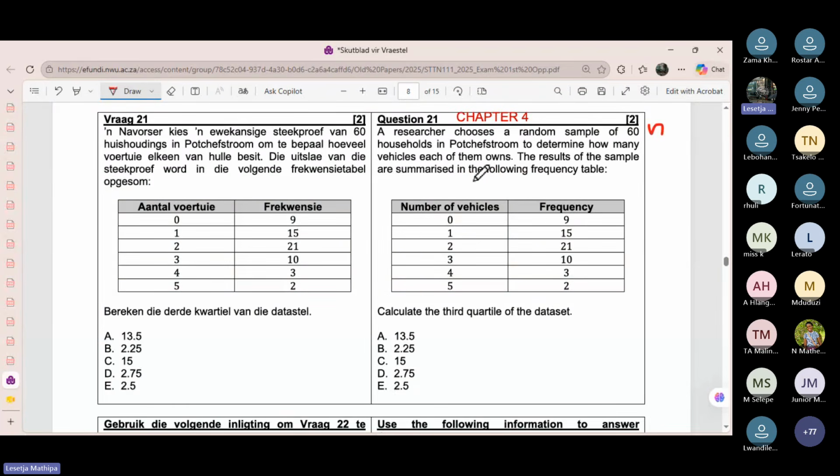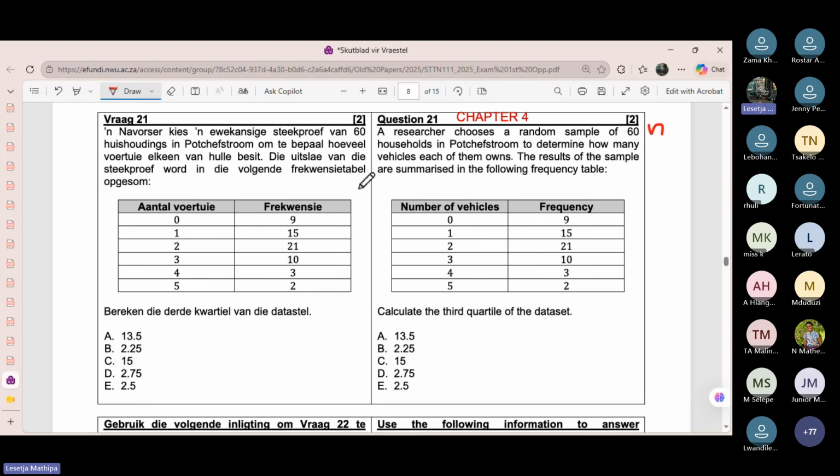Remember, we have 3 types of data. Ungrouped data, where you are given a data set like 2, 4, 6, 8, 10. Then grouped continuous data, where you are dealing with intervals. Then grouped discrete data. This one is grouped discrete data because when you look at the number of vehicles, you start from 0, 1, 2, 3, 4, and 5.